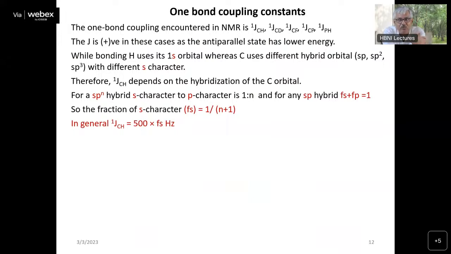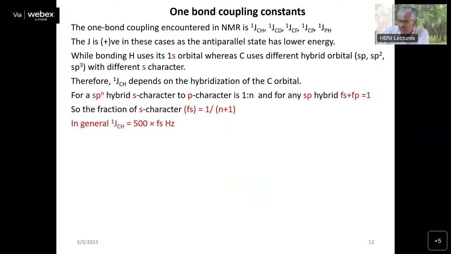That I have explained to you previously. While bonding, the hydrogen is using its 1s orbital, but carbon is using different types of hybrid orbitals like sp, which I have already explained to you. Therefore 1JCH depends on the hybridization of the carbon orbital.